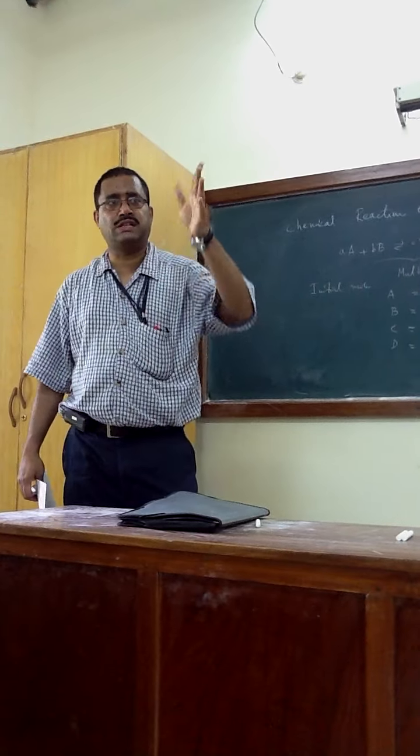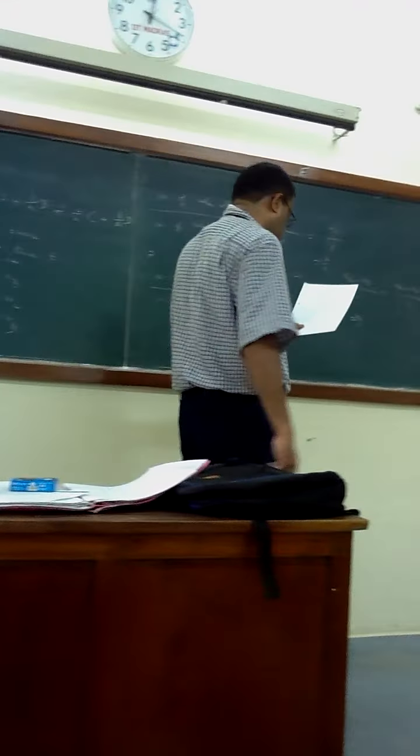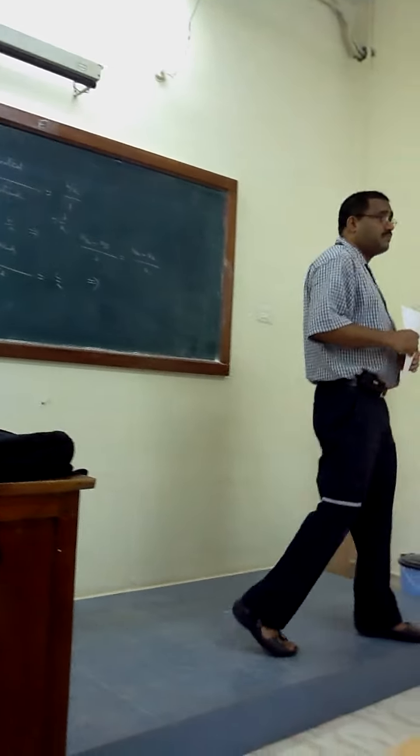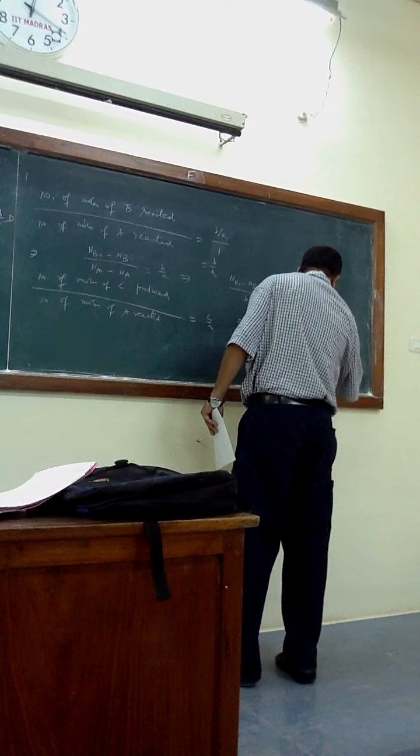Nc minus Nc0. How much is the production? Nc minus Nc0 divided by Na0 minus Na. That will remain the same, c by a, and we will get Nc minus Nc0 by c equals Na minus Na0 by minus a.